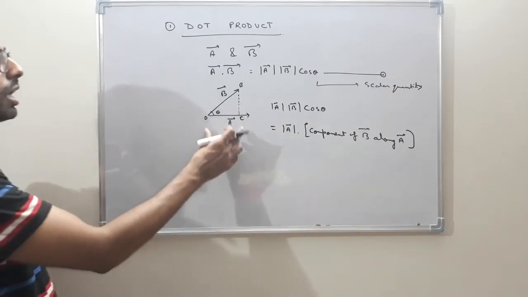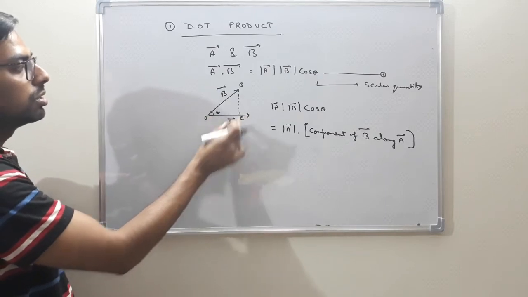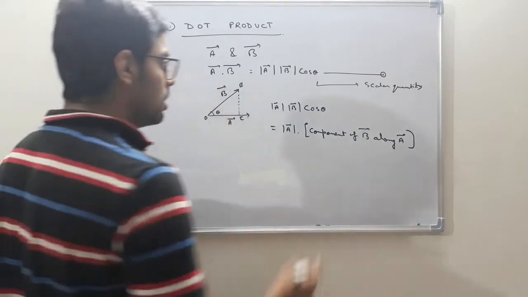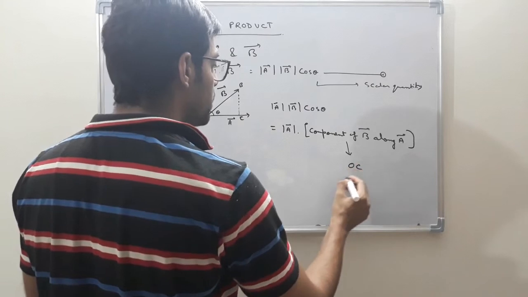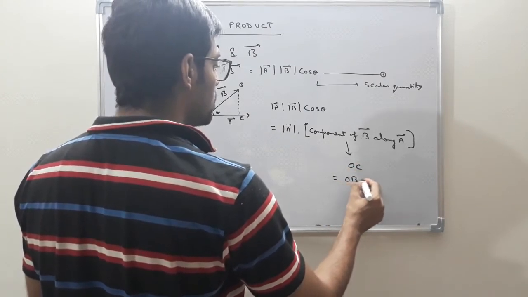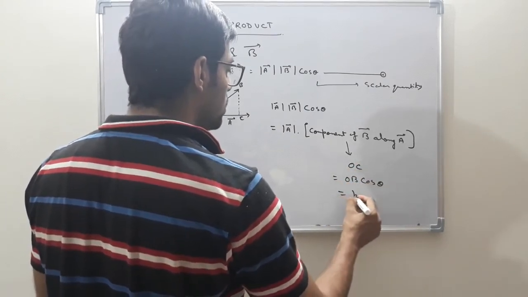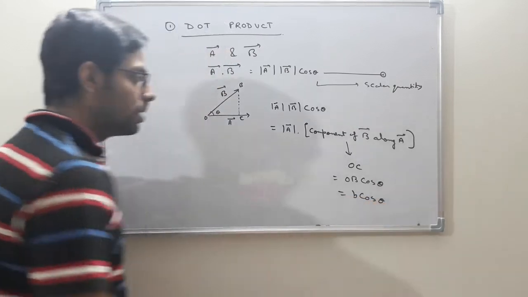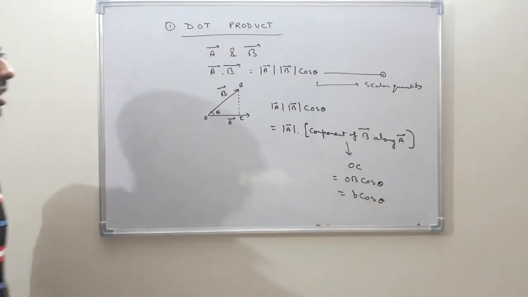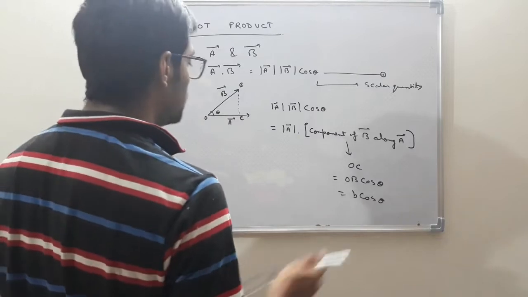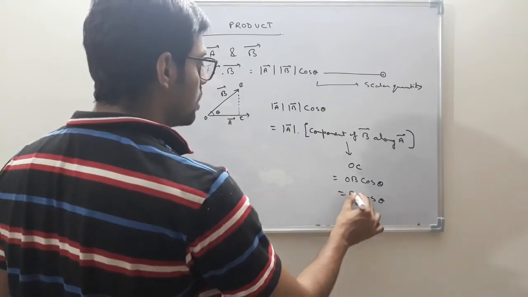What is the component of B along A? OC, and OC is what? OC equals B cos theta. This component is actually OC in this figure, and it is OB cos theta, equal to B cos theta by taking the magnitude part. Capital B cos theta.